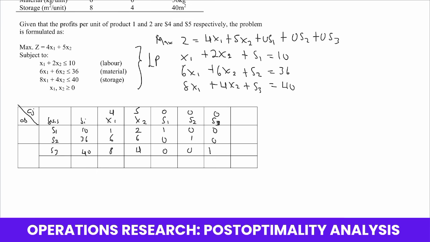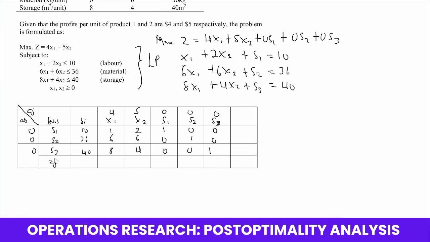Alright, so let's go ahead and calculate for our ZJ values. ZJ is simply multiplying the values here by the coefficient. So the coefficient of S1, we have 0, 0, 0.